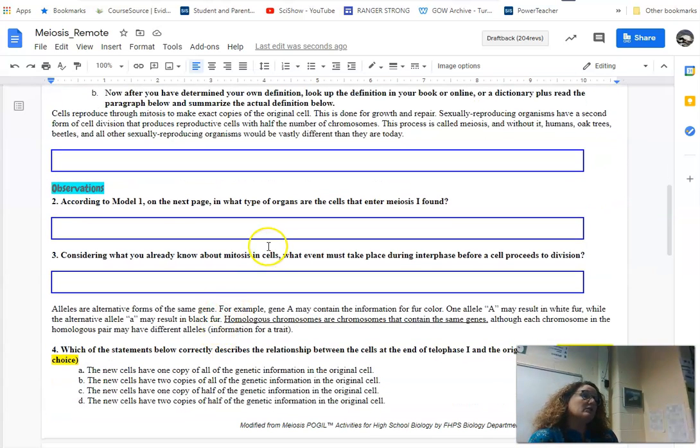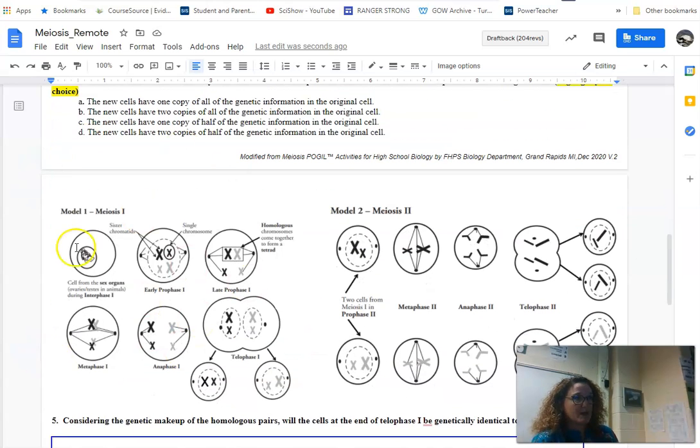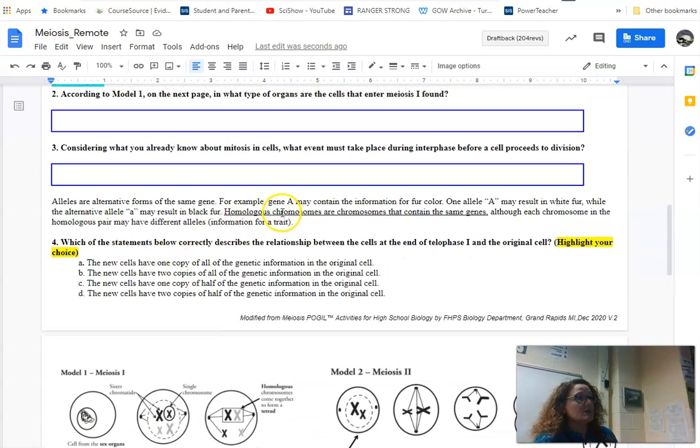For the next part, you're going to look at the models in this diagram. The first one says, according to Model 1. Model 1 is this half. This is where you're seeing the first cell going through the first division to make these two cells. Notice that you have what's called a homologous pair. This definition is up here.